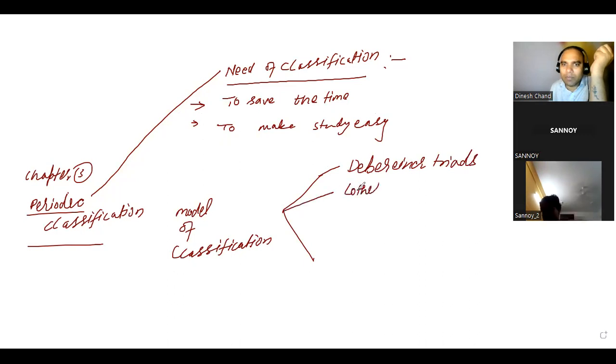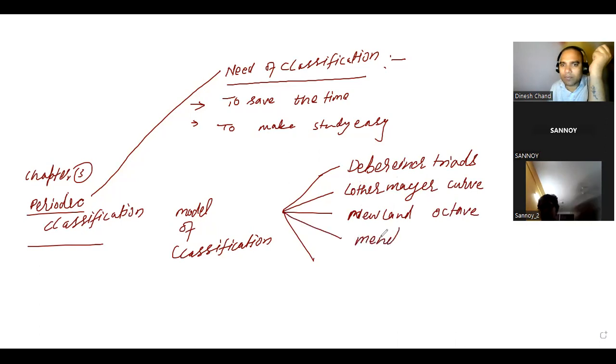Second one is Lothar Meyer's atomic volume curve. Newlands' octave is there, and you already told Mendeleev. And lastly, the modern periodic table. Tell me the first one.